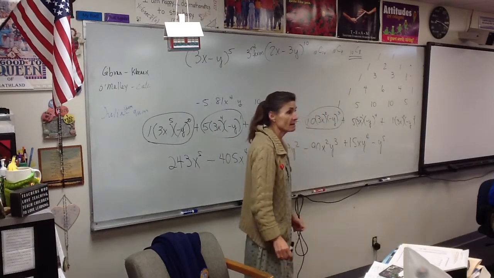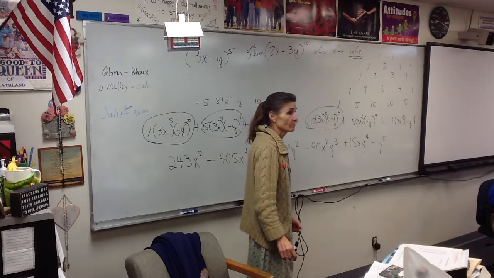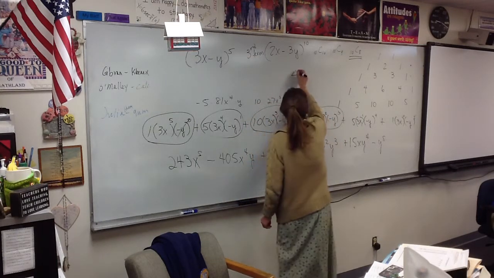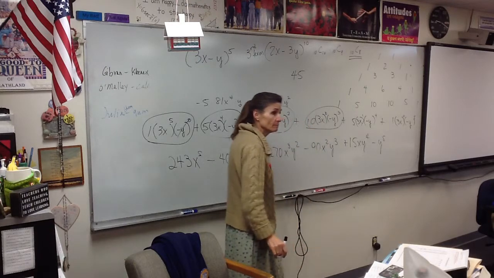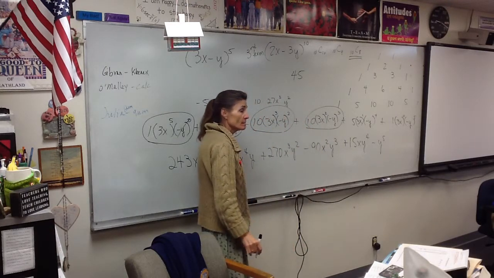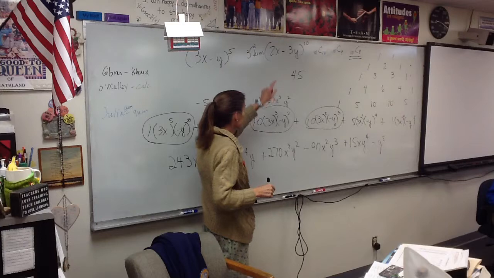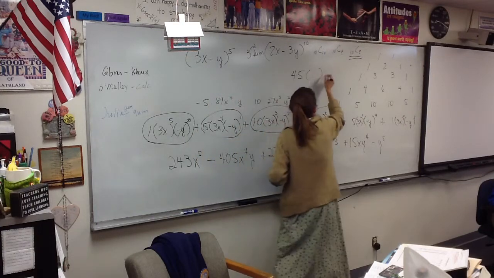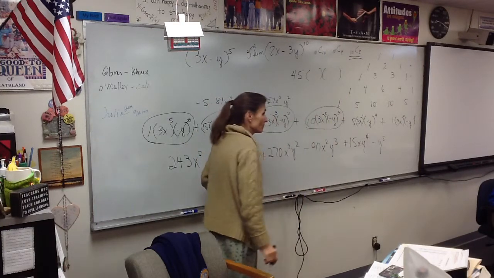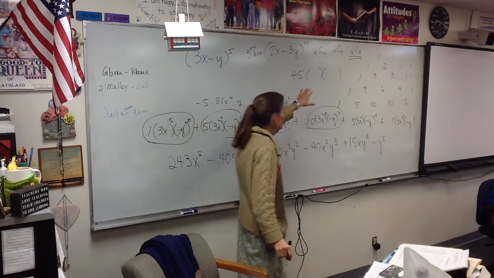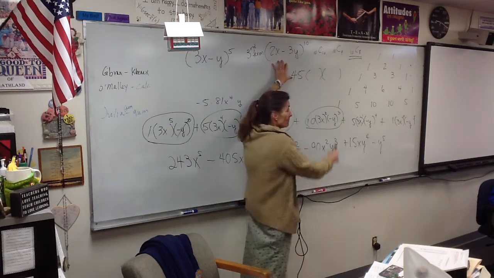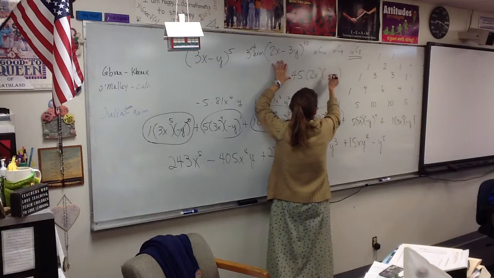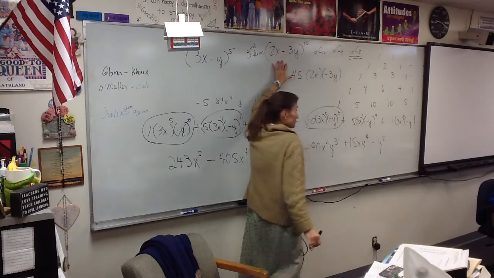What is 10C8? 45. So I'm going to start with the number 45. Now, just like this one, next to that number will be 2 parentheses. What will be in the parentheses this time? 2x and negative 3y.